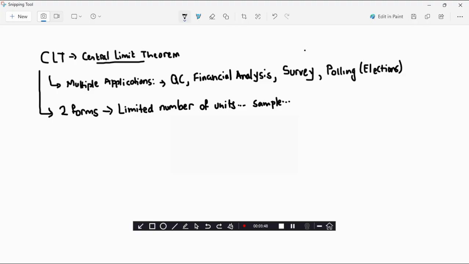So the idea is if we collect a sample with a large enough n, where n stands for sample size. n is the number of units in a sample.